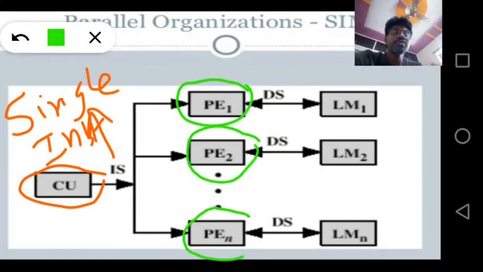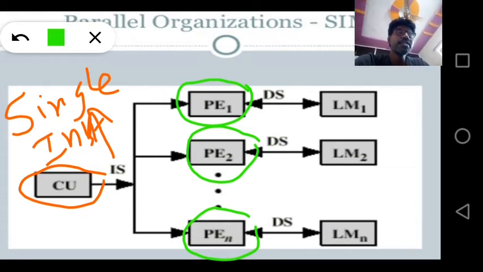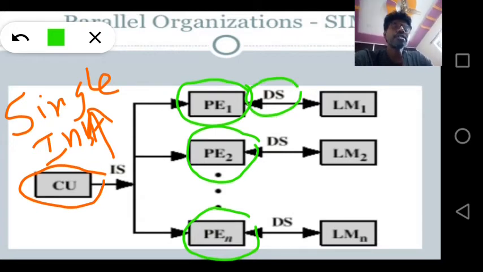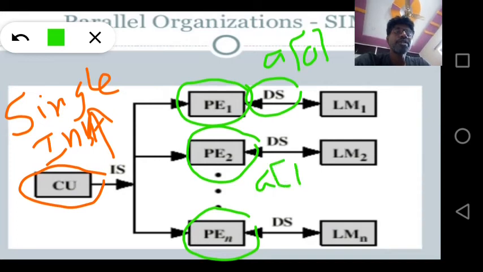Unlike SISD where we have only one processing unit, we call them processing units or processing elements. The two are synonyms and can be used interchangeably. We have n processing elements, and the multiple data streams, a of 0 up to a of 9.